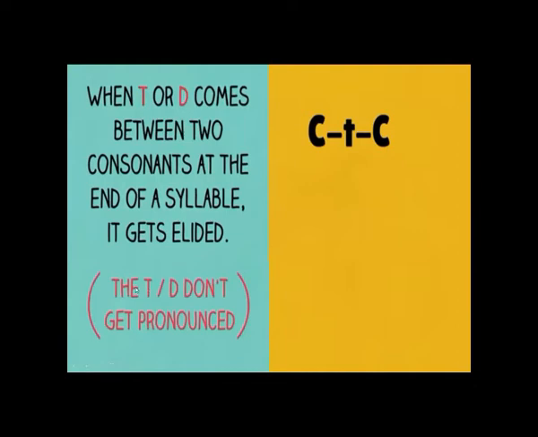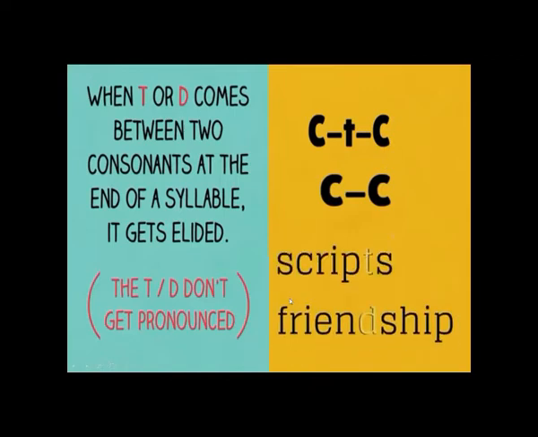The T and the D don't get pronounced. So we will delete T here. Consonant, T, consonant, and also consonant, D, consonant. So we will delete T or D. So for example, like this. How can we read this?